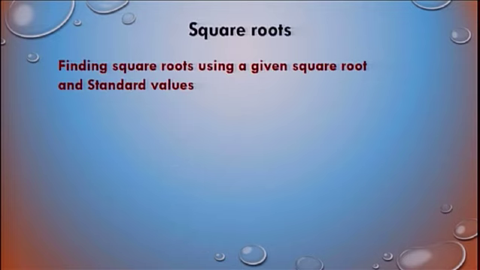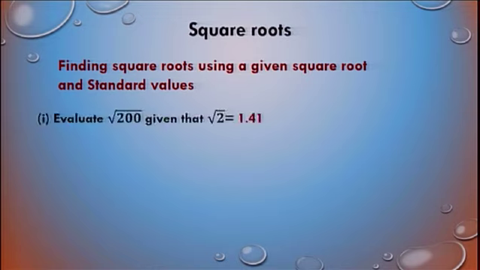Now we're going to find square roots using a given square root and standard values. For example, evaluate square root of 200, where you are given that square root of 2 is equal to 1.41. So 200 is same as 2 times 100.